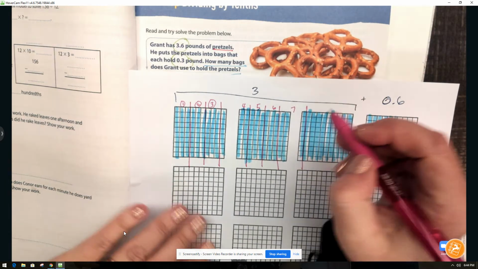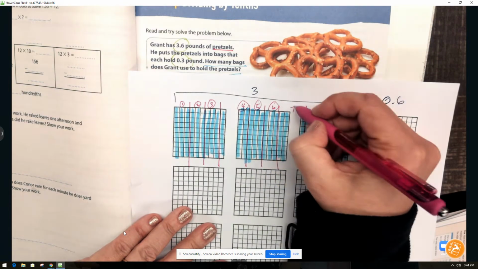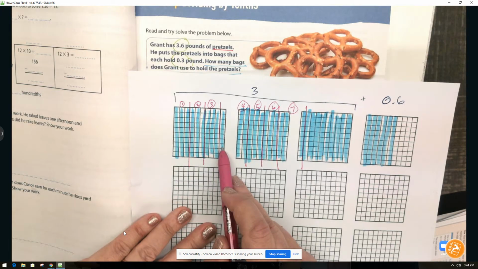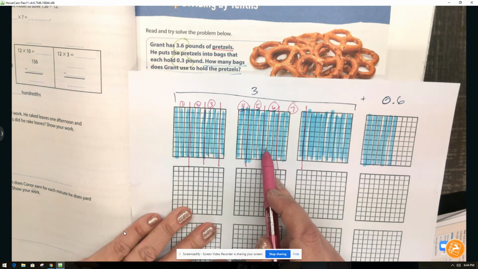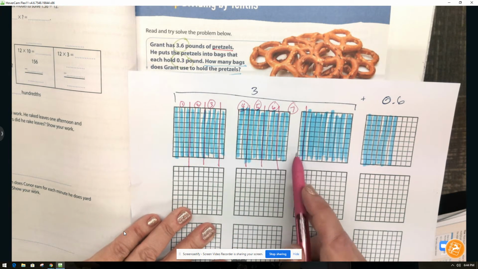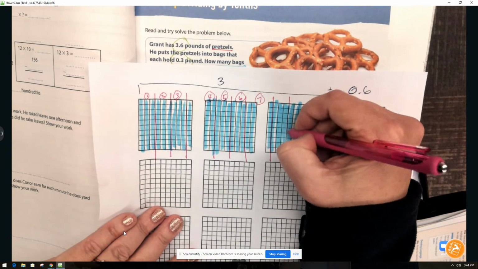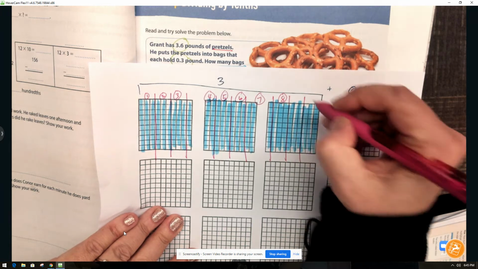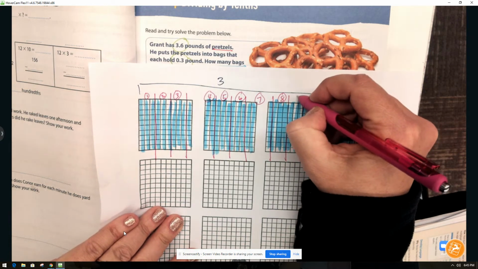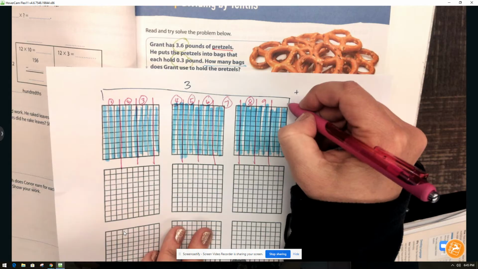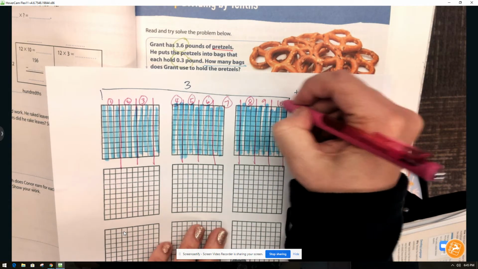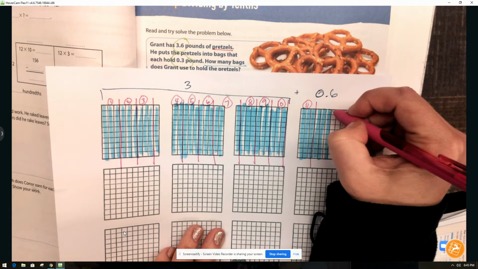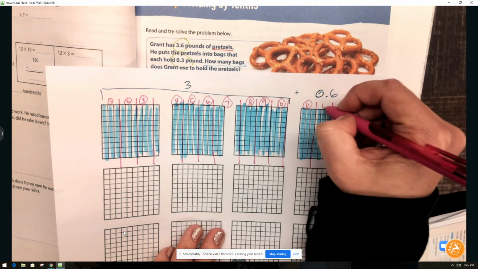And then 7. As you can see, all of these are 1, 2, 3, repeated for each group.